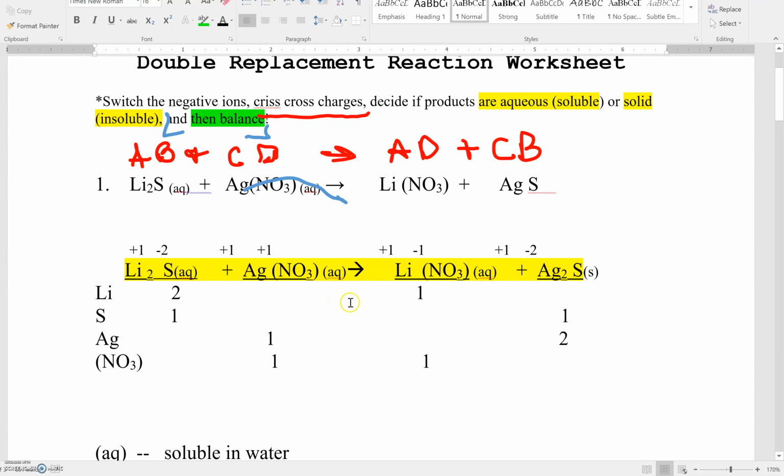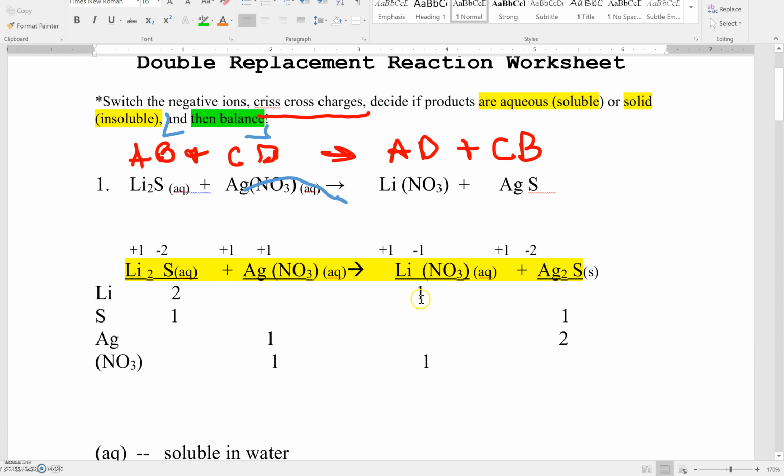Okay, the next thing I do is I want to make sure that all of the numbers on the right equal the numbers on the left for each line. So I have 2 lithiums on this side, but 1 on this side. That's no. 2 does not equal 1. So how can I make them equal? Well, I'm going to multiply this 1.